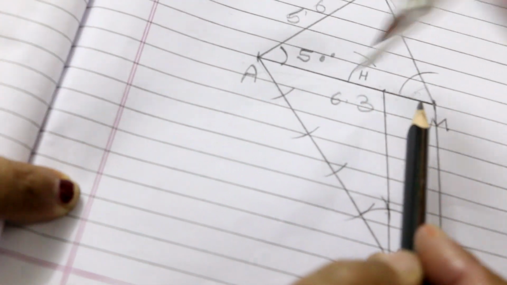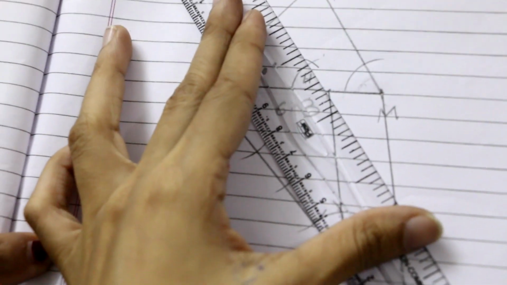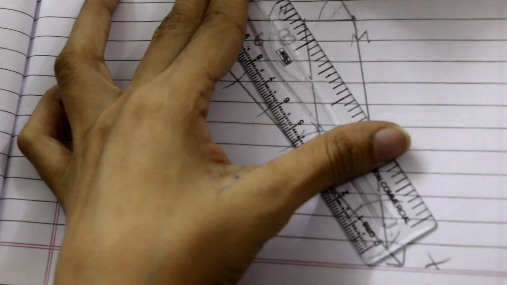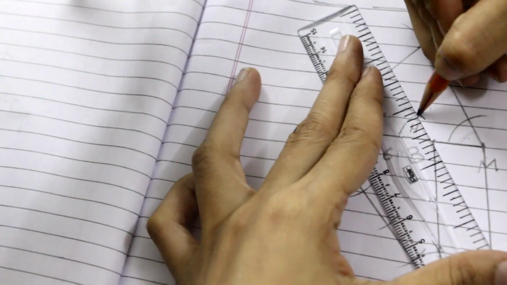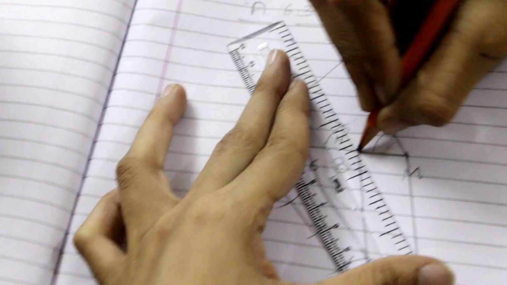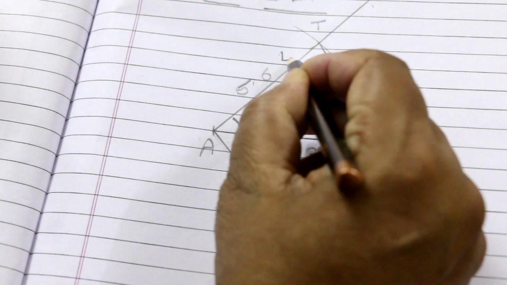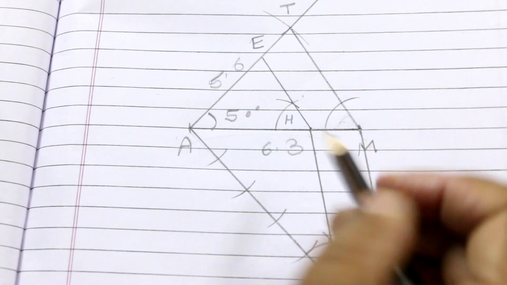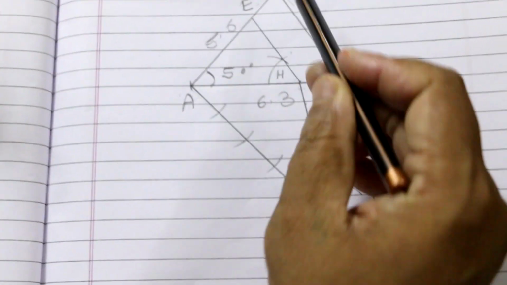Give an arc and join this and this line. This is E and this is H. So this is AEH, the required triangle, similar to triangle AMT.